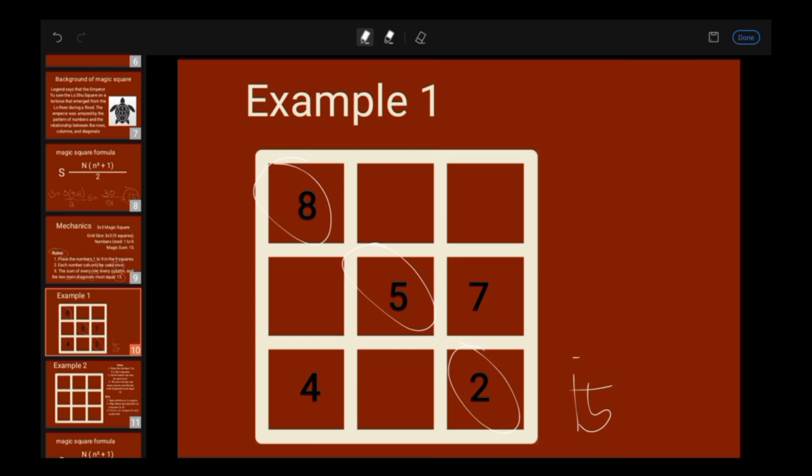Then, makikita natin na may dalawang number na, which is 5 and 7. So, ano kayang ilalagay nating number para mag-total na 15? So, 5 plus 7 is equals to 12 plus blank is equals to 15.